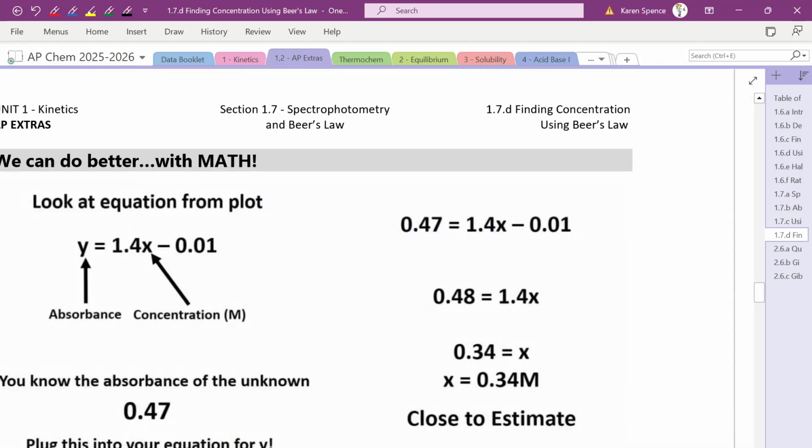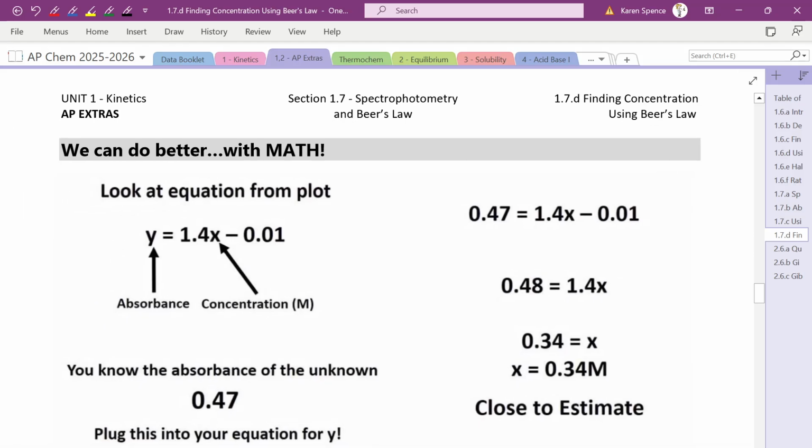So you'll get the y equals mx plus b equation, and you will plug in the absorbance, which is y of 0.47, and then you will solve for x, because x is the concentration, right?